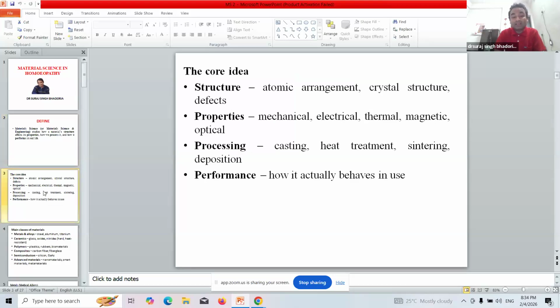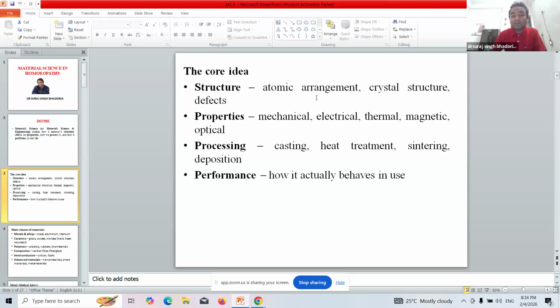Generally, the core idea of material science is first the structure. Here in the structure, we talk about the atomic arrangement, the crystalline structure, their defects, the pattern of arrangement of such atomic structure, the crystalline material. So these are the morphological features of material science.